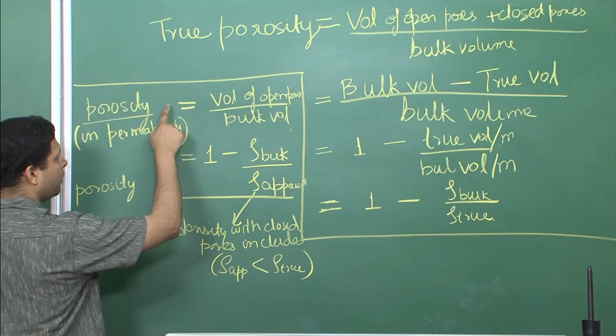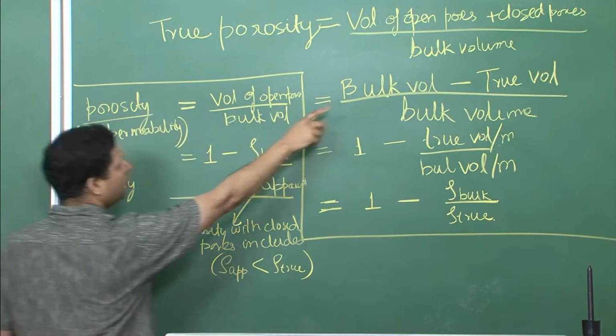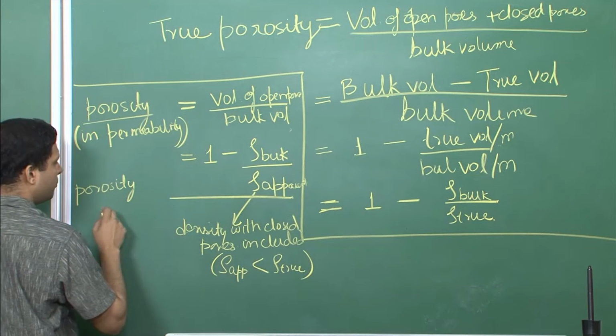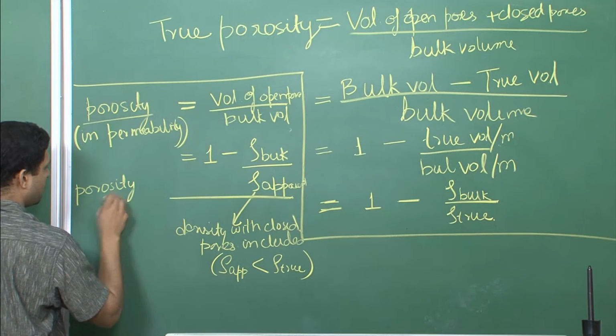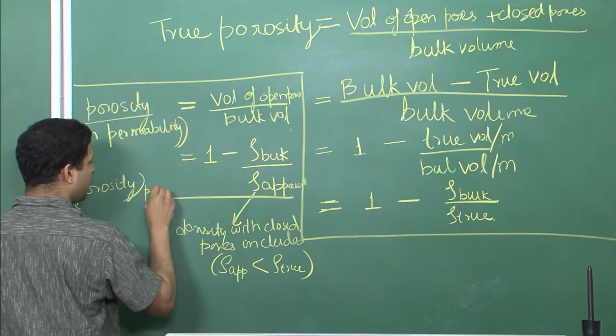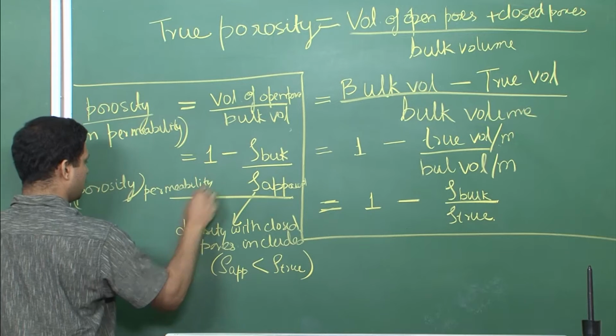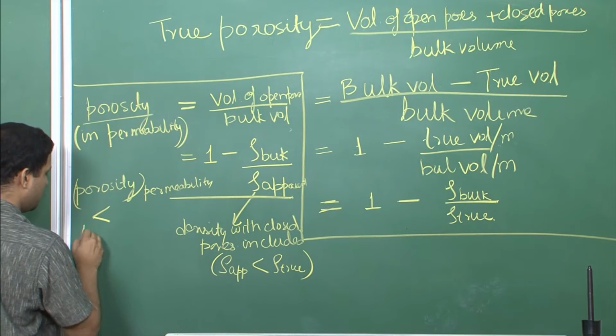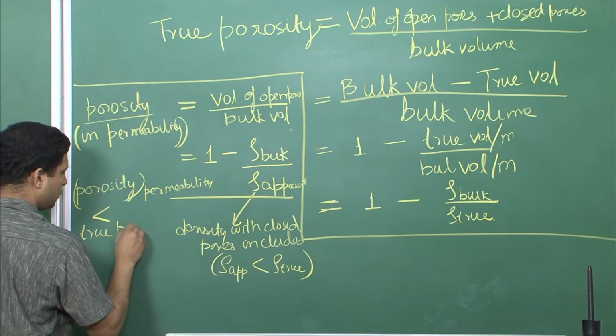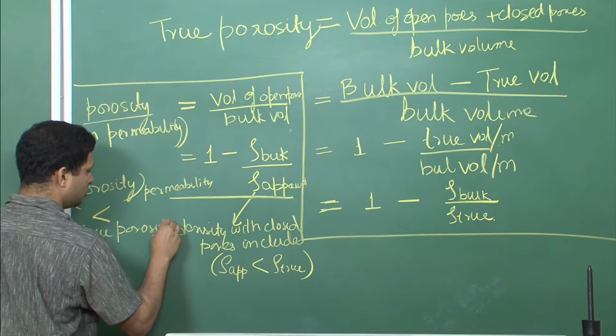Sorry, let me refine that. This porosity is smaller, because it is of course only taking open pores and not the closed pores. So this porosity, which we have used for permeability, is smaller than the true porosity.